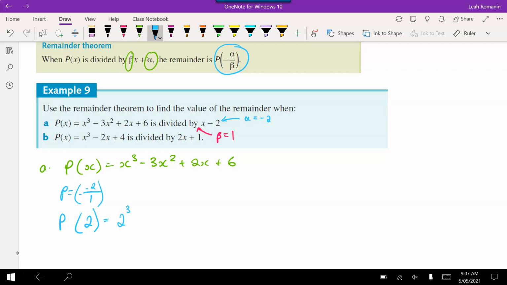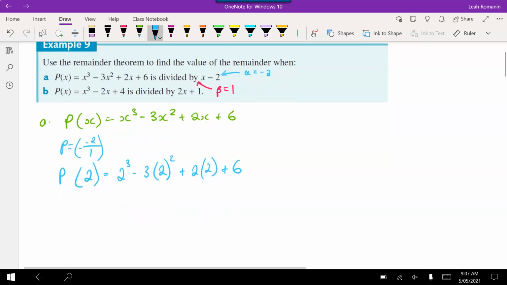I'm going to get 2 cubed minus 3 times 2 squared plus 2 times 2 plus 6. Figuring all that out, I've got 8 minus, 2 squared is 4, times 3 is 12, plus 4 plus 6. So negative 4 plus 4, it's going to be 6.